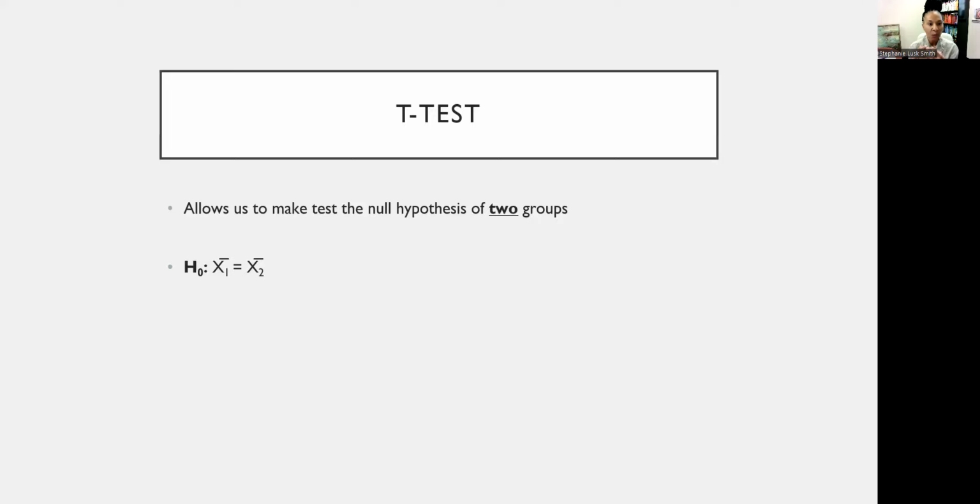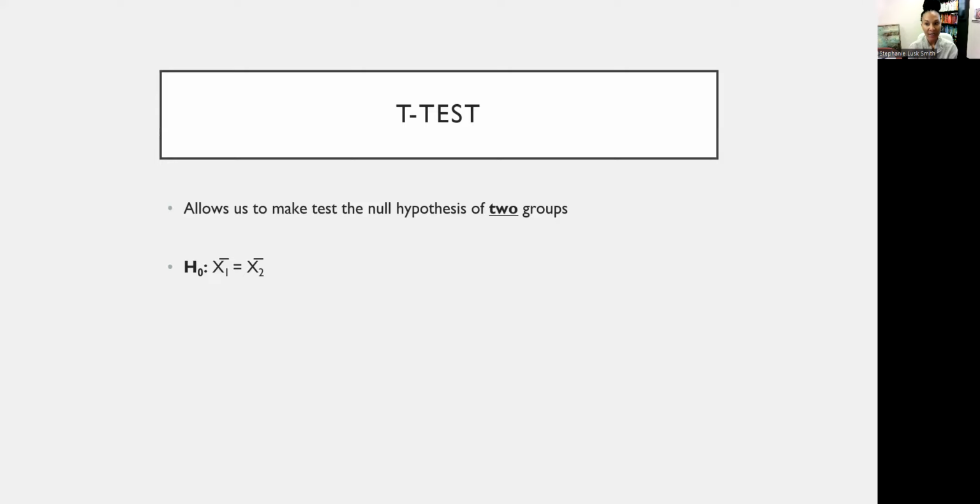And in this, we're testing the null hypothesis. Again, going back to the very beginning of the semester, when we talked about the null hypothesis and the alternative hypothesis, our null hypothesis states that the mean of group 1 is equal to the mean of group 2, right? In any statistical analyses that we're performing, we always start with this assumption.